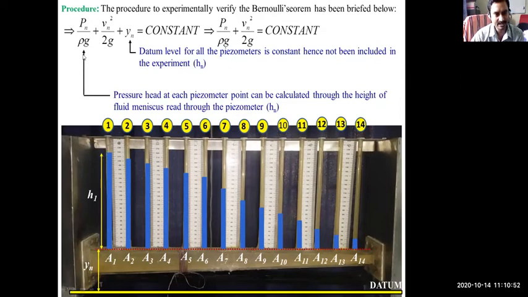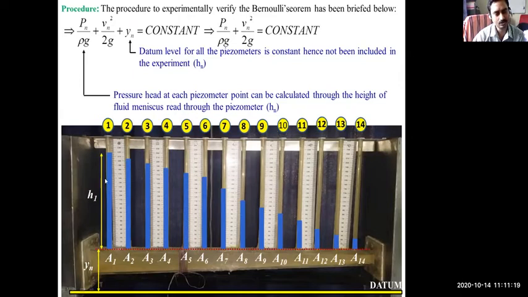So Pn by rho g, say P1 by rho g, is nothing but H1, which is directly measured through the piezometric heights. That will be coming from the experiment directly. You just have to look at the scales, and for a particular discharge or flow rate, you just have to take these readings. What are the readings for these 14 piezometers?